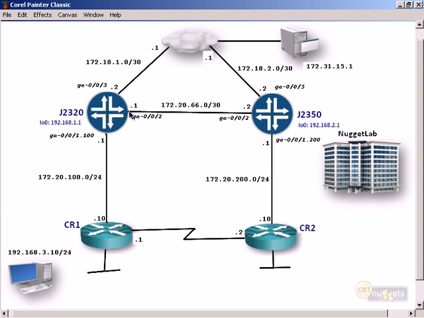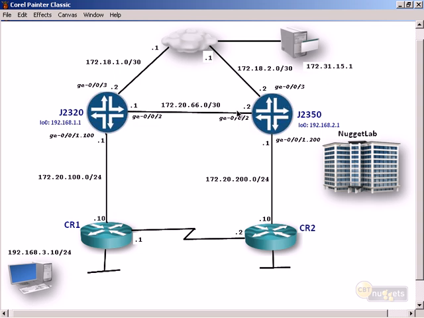We have this link between these two routers, and it is on gigabit 0/0/2 on both routers. So we have a direct link, and this is on network 172.20.66.0/30, which means basically we've only got 4 addresses. .0 is the network.